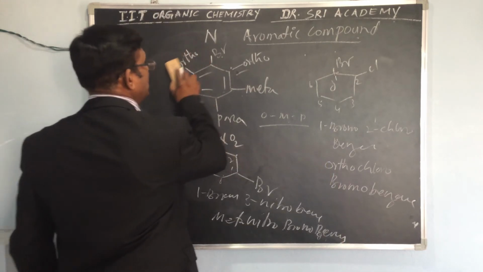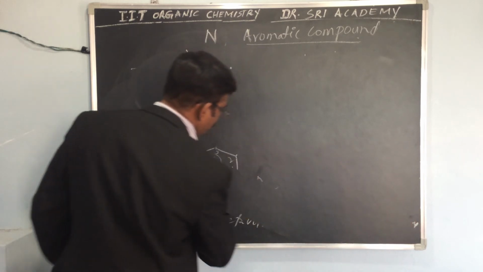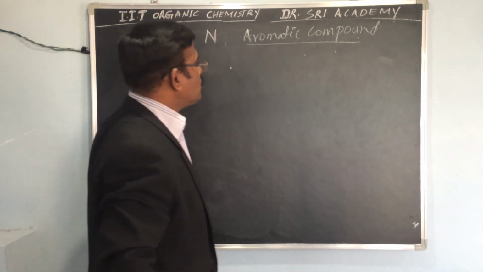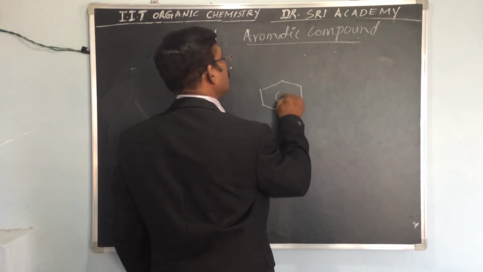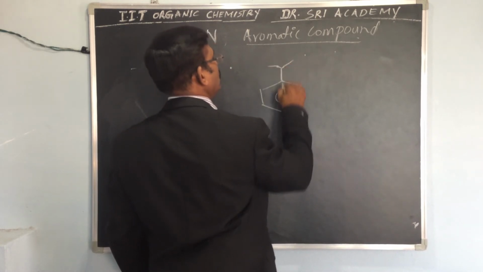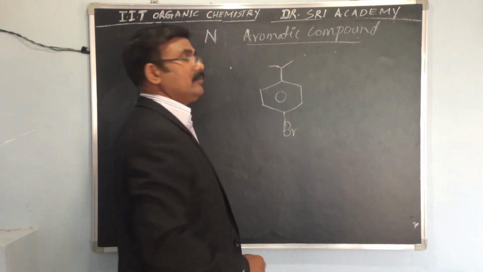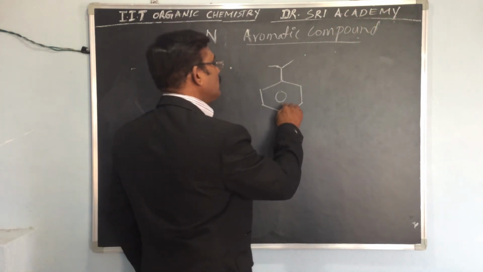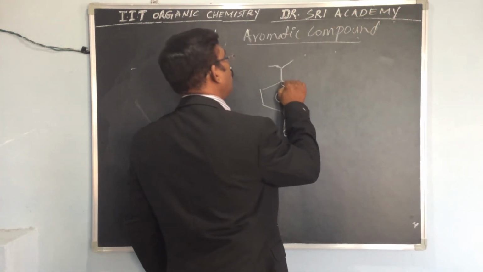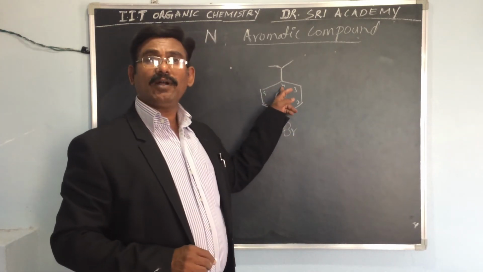This is completed. Now, how can you give the name if an isopropyl group is there? This is the isopropyl, and this is the Br, on exactly the opposite side. So the first priority is 1, then 2, 3, 4, 5, 6. On the fourth position, what is there?